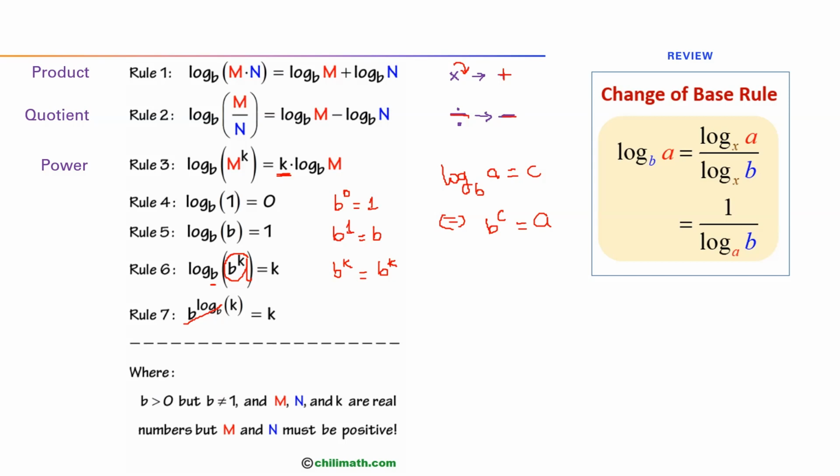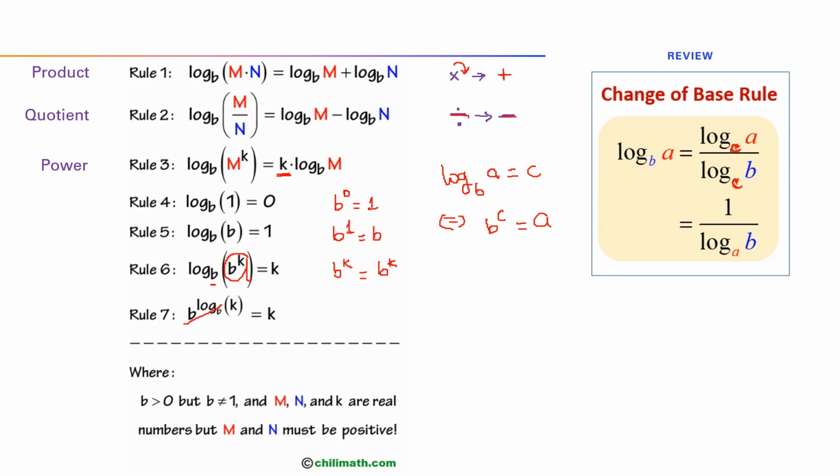And one important rule is change of base. So if we have any log base b of a, it will be the same as log base x, but we can call it some c, so it's different from the variable x.